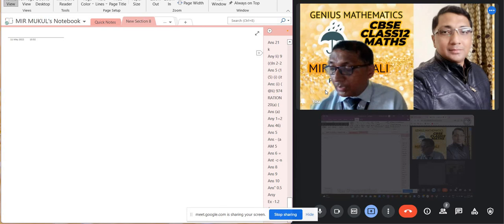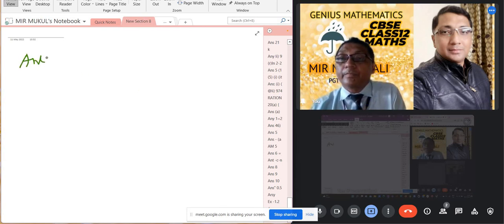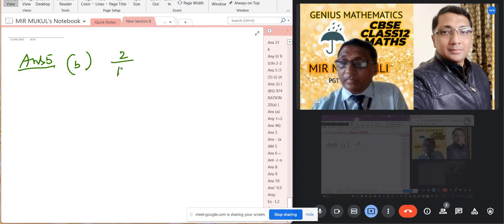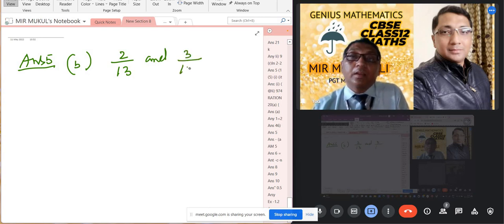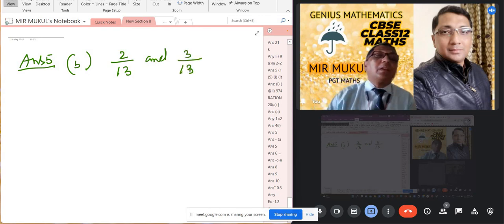Now next is question number 5, B. 5 rational numbers we have to write between 2 by 13 and 3 by 13. Here the denominator is already the same. Now the numerator is 2 and here 3, and between 2 and 3 are we getting any whole number?